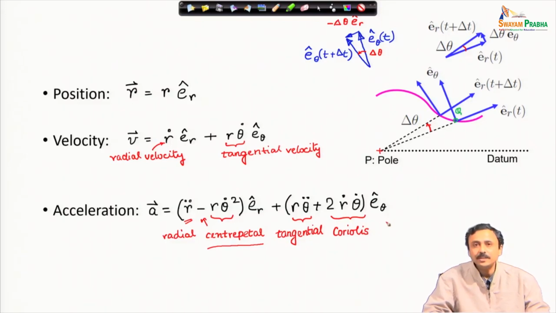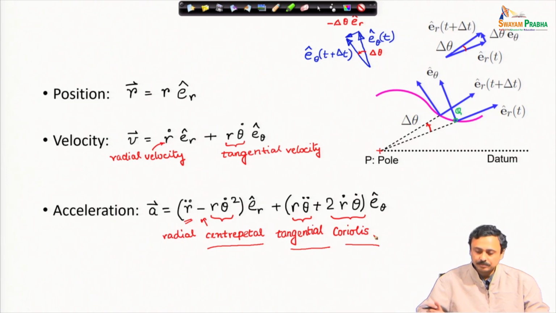And we have as the coefficient of e_θ cap the tangential acceleration and the Coriolis acceleration. So, the tangential acceleration is perpendicular to the radial line, and as well as the Coriolis acceleration is also perpendicular to the radial line because it is along the e_θ cap direction, but this has a different name, Coriolis acceleration.